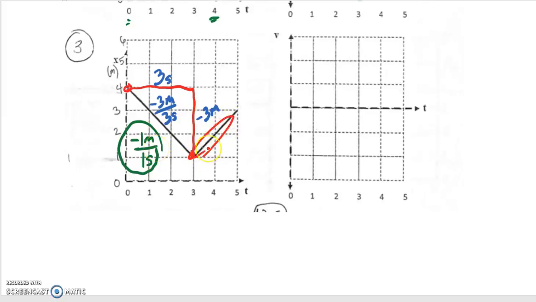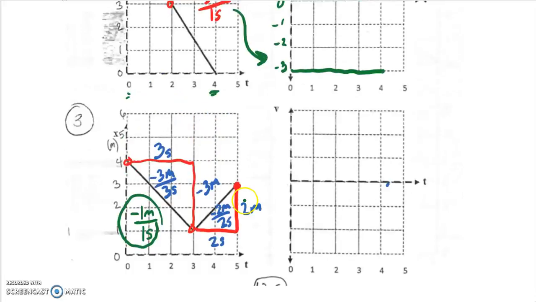And now the second part of the motion here is increasing position for 2 more seconds, and I calculate the slope. And this rise here is 2 meters, the run is 2 seconds, so the slope is 2 meters over 2 seconds, which for every 1 second then, it must be a rise of 1 meter, and that's a +1 meter per second.